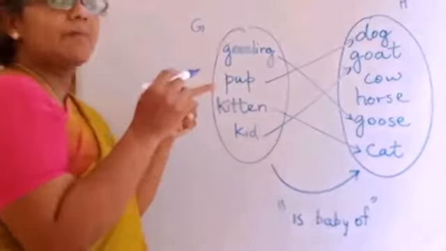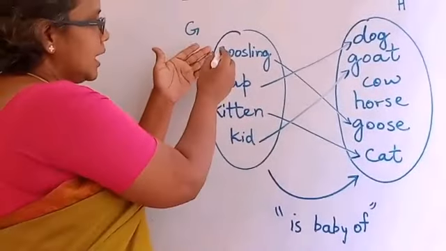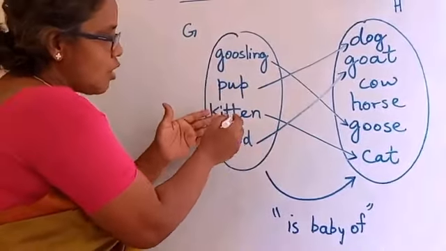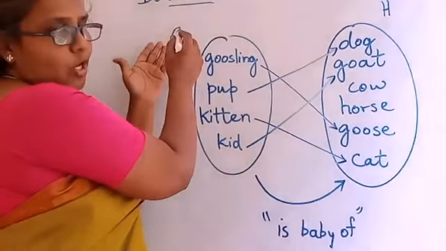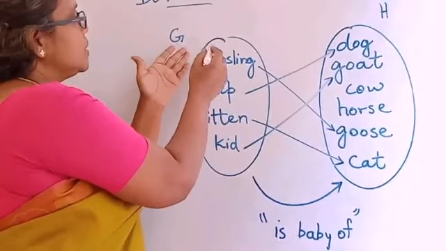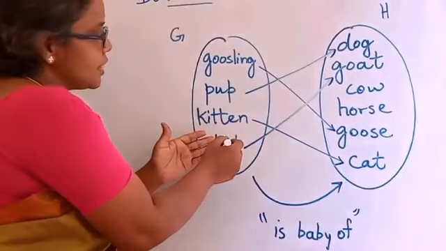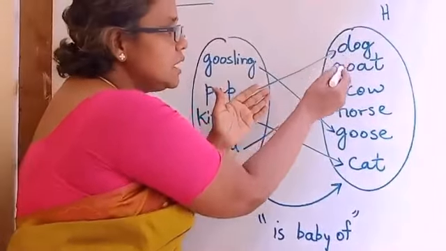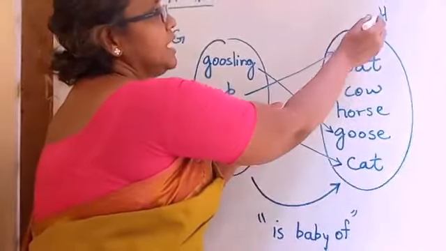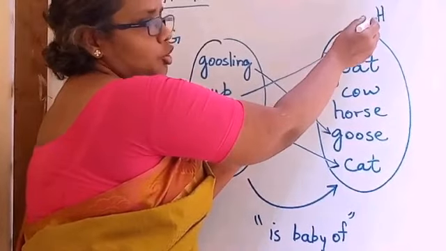So from this example, what do you understand? Distinct elements of the set G, which can be called the domain, are mapped with distinct elements of set H, which here is the codomain.